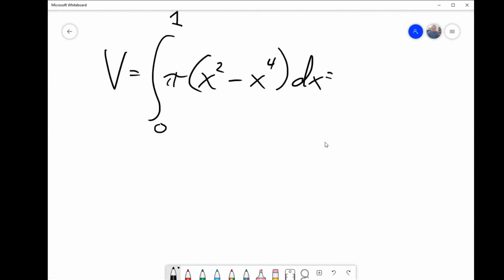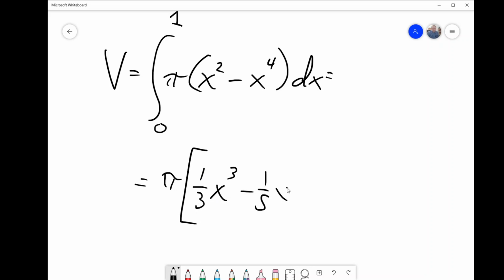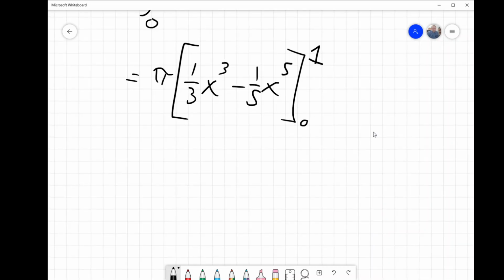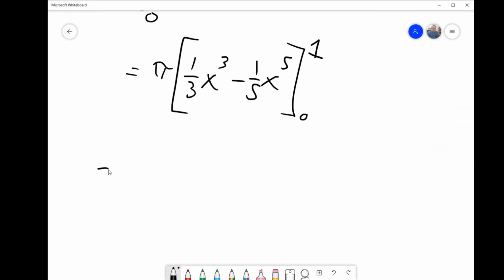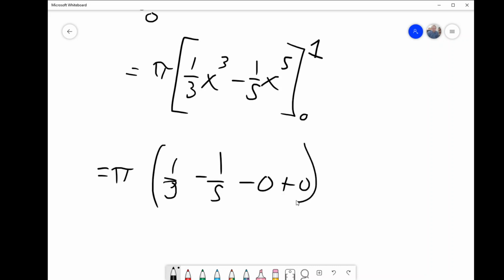So once we take the integral of this polynomial, we end up with pi times 1/3 x cubed minus 1/5 x to the fifth from 0 to 1, or 1/3 minus 1/5 minus 0 plus 0. So this is pi times 1/3 minus 1/5.